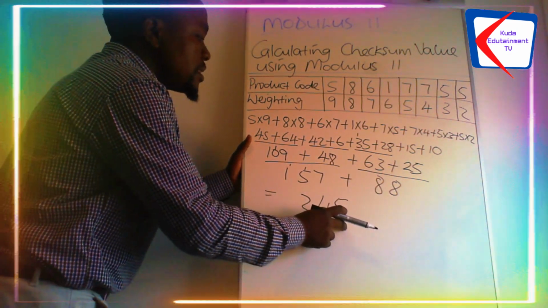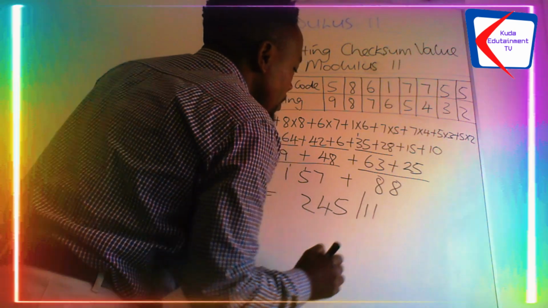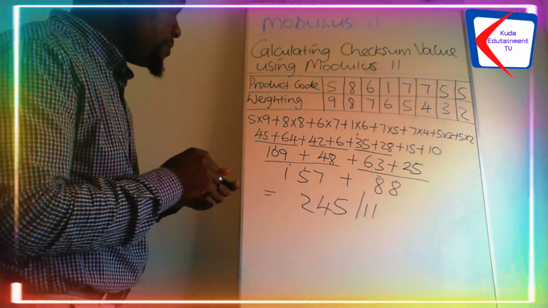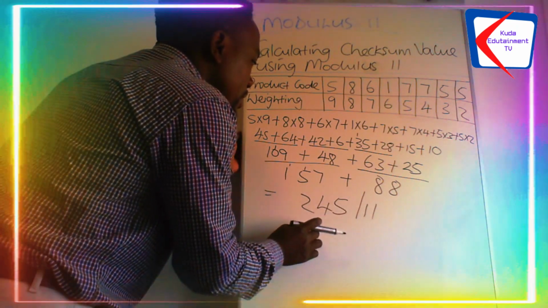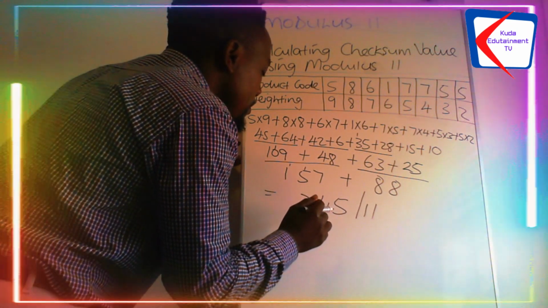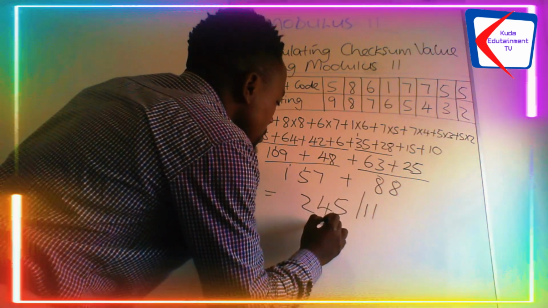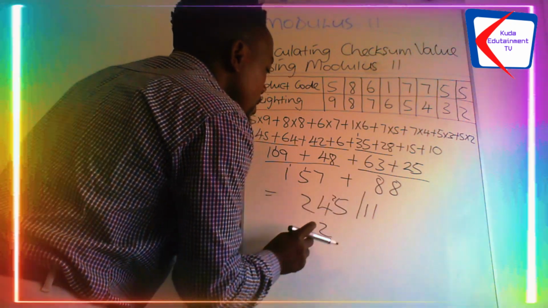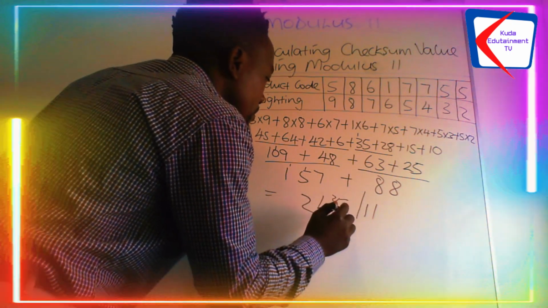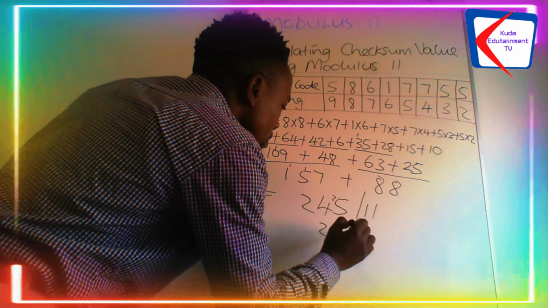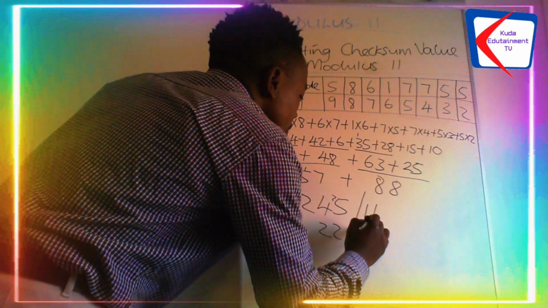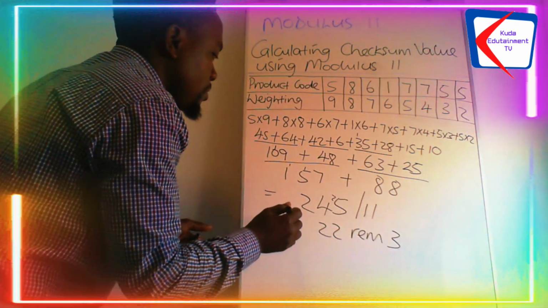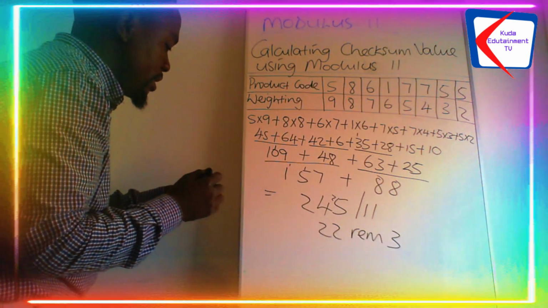So we divide this result by 11, like this. 245 divided by 11: 11 into 24 is 2, 2 times 11 is 22, leaving a remainder of 2, and then 11 into 25 again is 2, leaving a remainder of 3. Right, so 22 remainder 3.